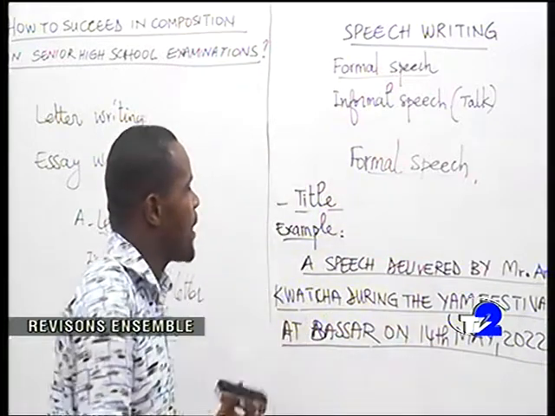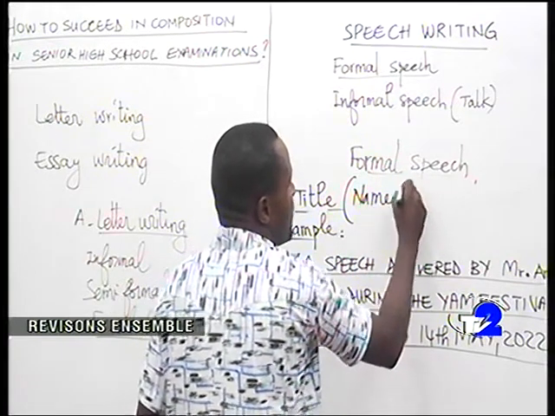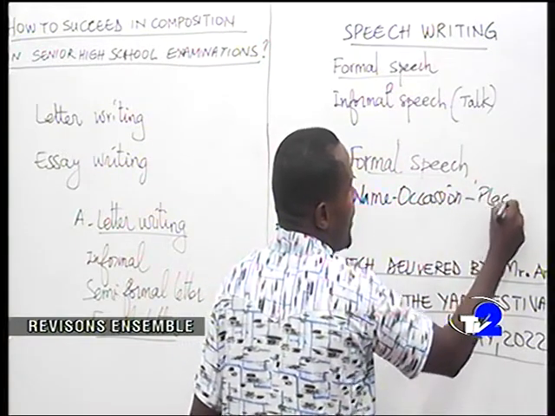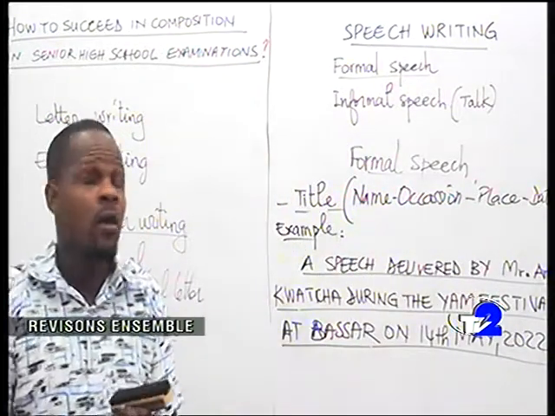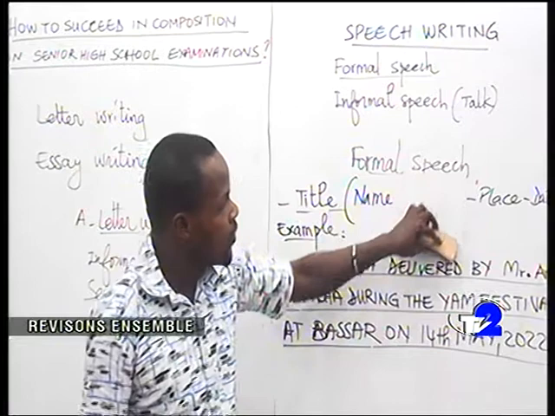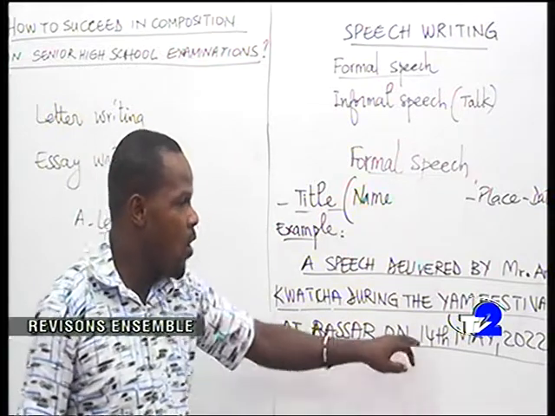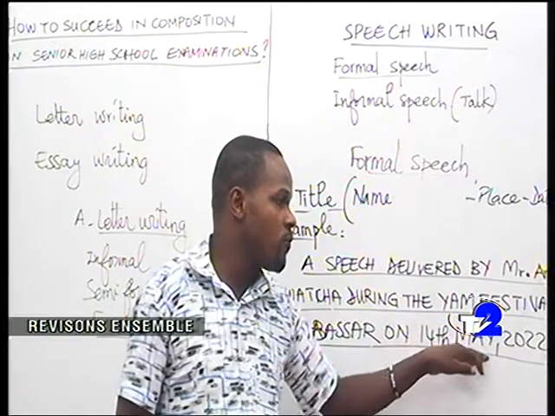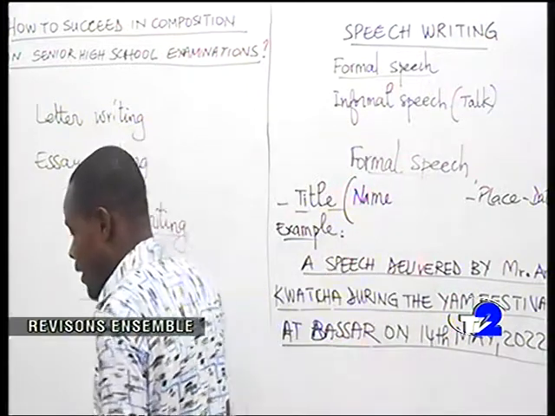So you write the name of the speaker, followed by the occasion, the place, then the date. These are the four things you must write in your title, or you can leave out the occasion. You can say a speech delivered by Mr. Amakwacha at Bazaar on 14th of May 2022. That is your title.